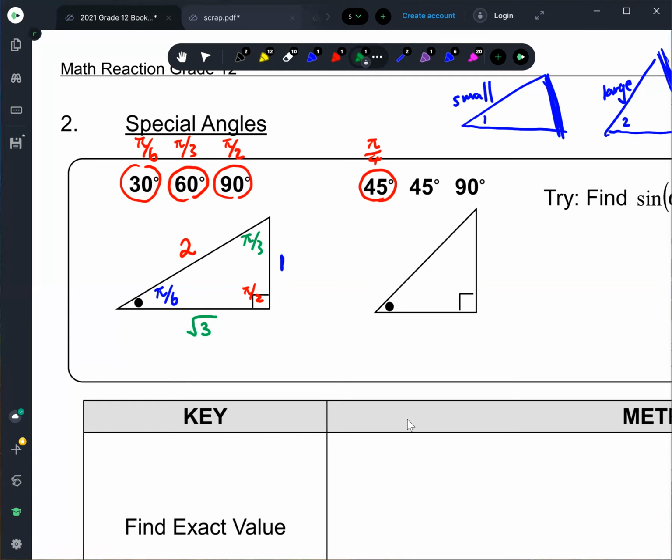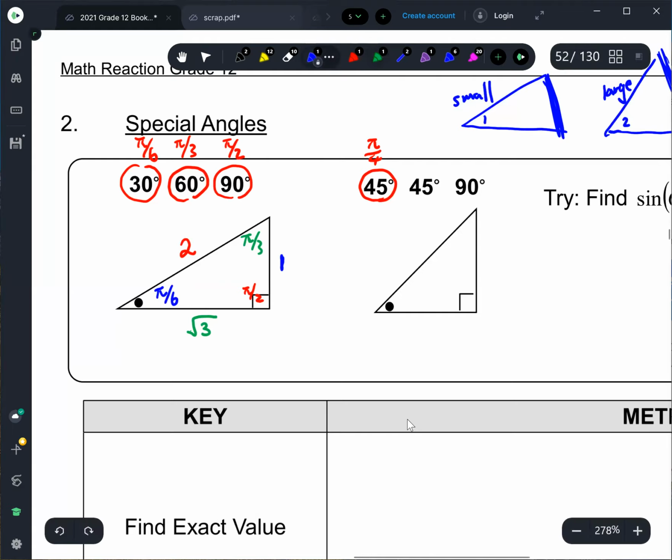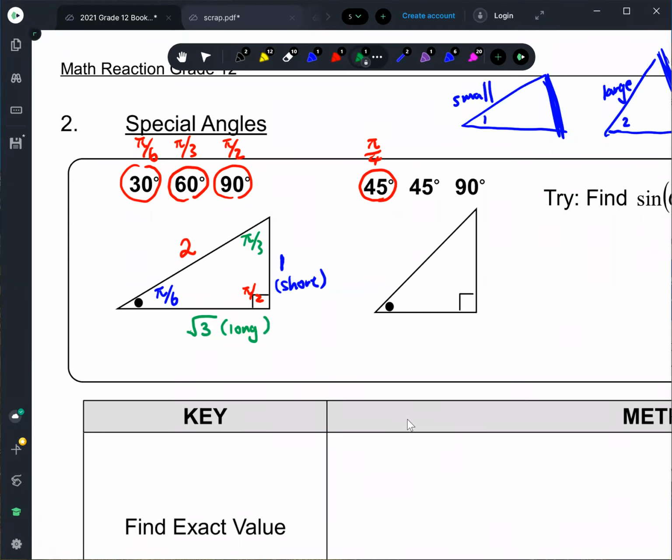So 2 is not difficult to misplace, okay? It's the 1 and √3. Usually people mix up the places, okay? And that will make your question wrong, okay? So just remember the shorter side, right? This is the shorter side. It will be the 1. The √3 is the longer one. Okay, you put √3. The 2 is the hypotenuse, okay, the longest.